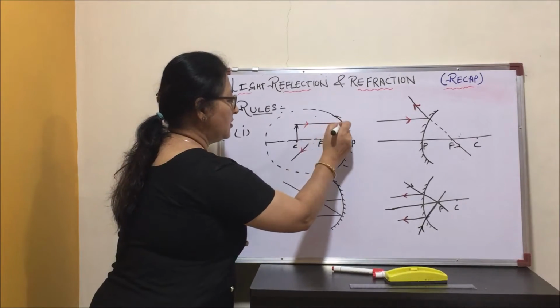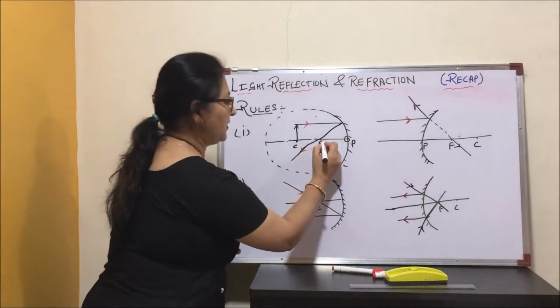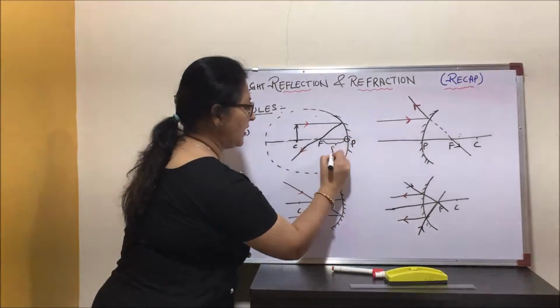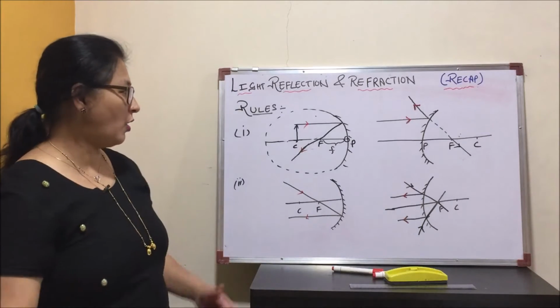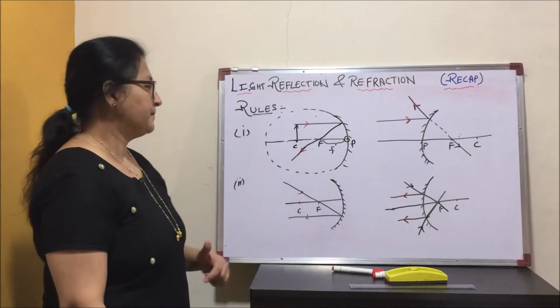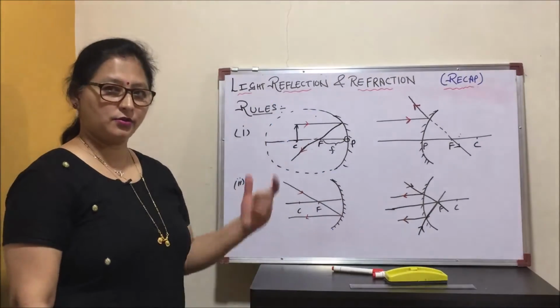Fine. The distance between F and P is small f, which is known as the focal length. Children, you should know all the terms. Clear?